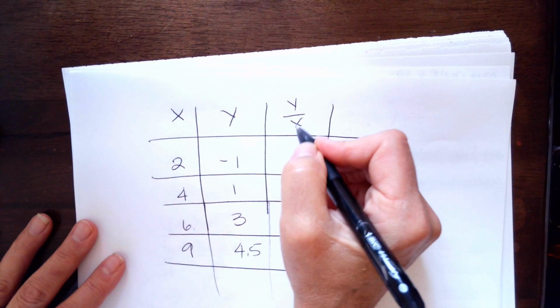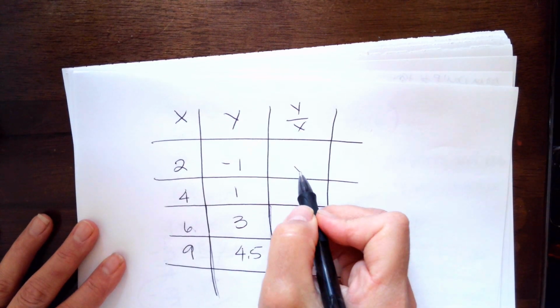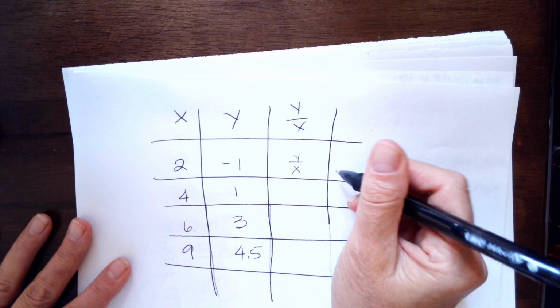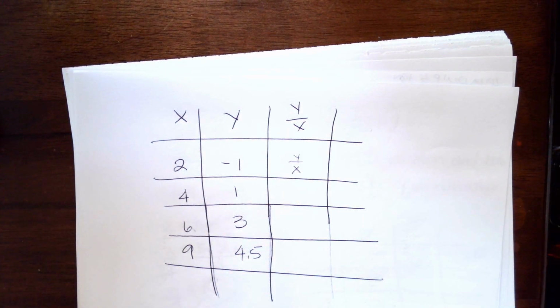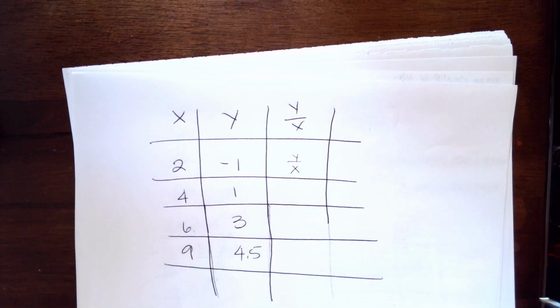So you're going to plug it in with x being here and y being here, and then solve for what that is. If they change at all, then the ratio is not the same for all pairs of data. Therefore, there is no constant of variation.